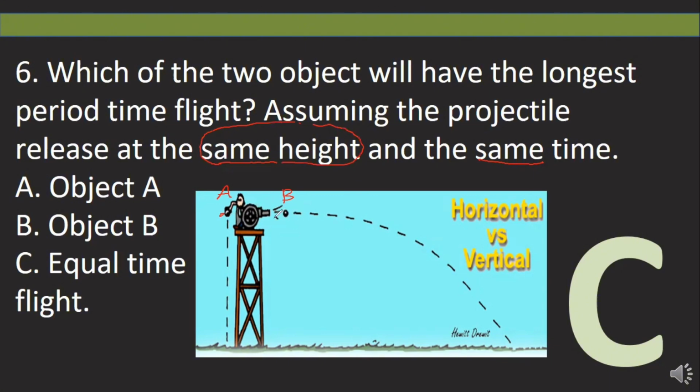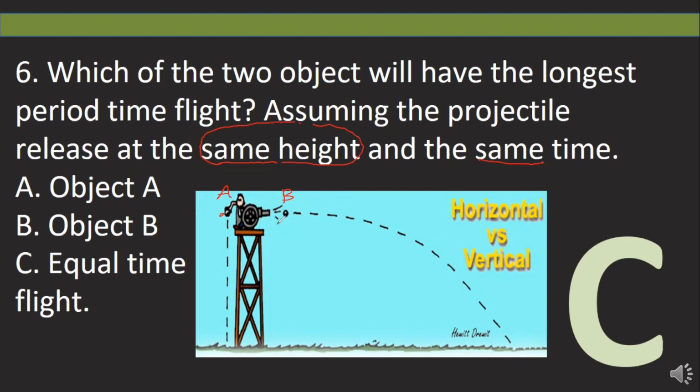Because both object A and object B are being influenced by gravity, by the acceleration due to gravity. So again, if we have the same height, it only means that they will fall at the same time. There is no object here that will have a longer flight time compared with the other, because they are released at the same height, despite object B having a horizontal displacement.